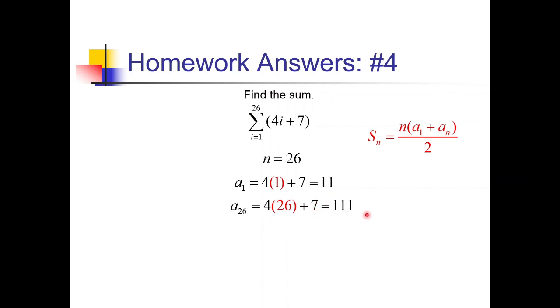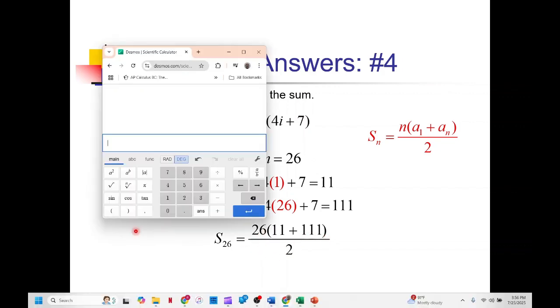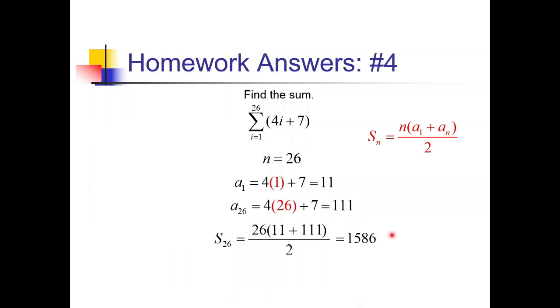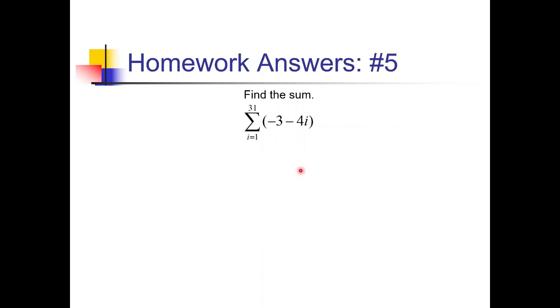All right, so putting that all together, I've got 26 times 11 plus 111 all over 2. And I'm just going to run that on the calculator. So let me make a fraction here. We've got 26 and 11 plus 111 all over 2. Comes out to 1,586.